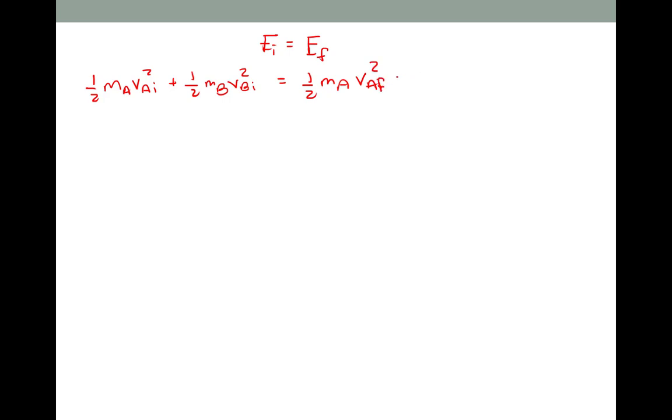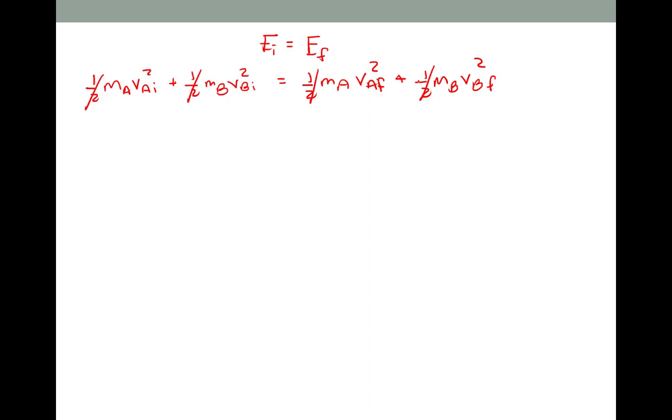Oop, that's a final. Okay, so here is our statement of conservation of energy. The first thing to notice is we have a 1/2 in every term, so it can cancel.